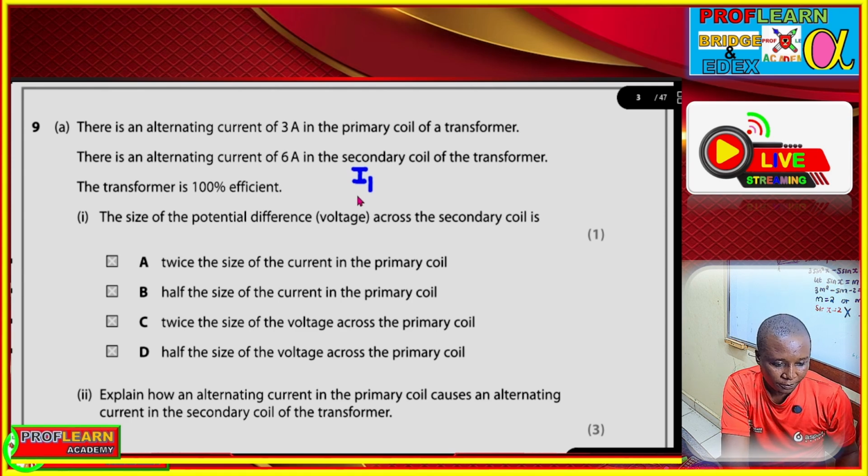Which means that in the event you have power in the primary coil, then it is equal to the power in the secondary coil, to the power out.